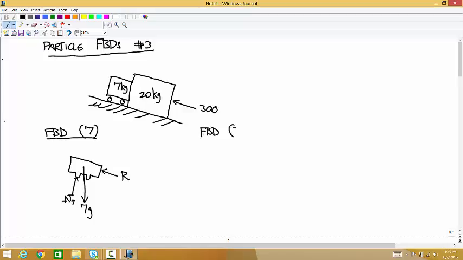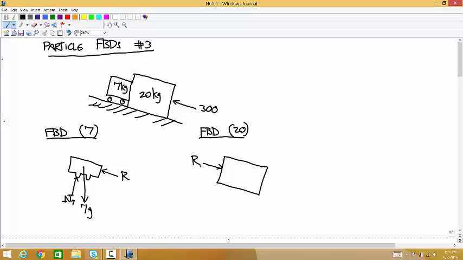So, free body diagram of the 20. On this one, Newton's third law says that since we know the direction of this contact force, when we go to the other body that's part of that contact, we just change the direction of the arrow and keep the variable the same.